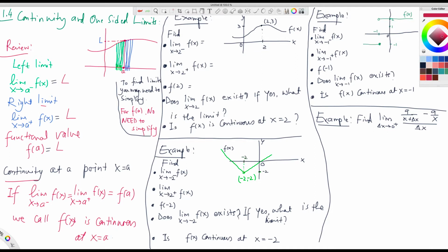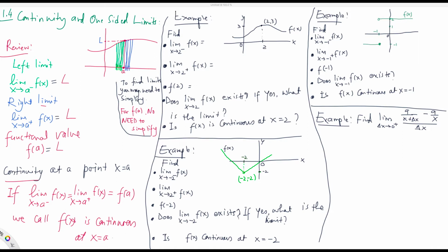If the left limit is equal to the right limit is equal to the functional value. And make sure that those limits and the functional value are finite, okay? They must be finite. Then we call the function continuous at x equals A.